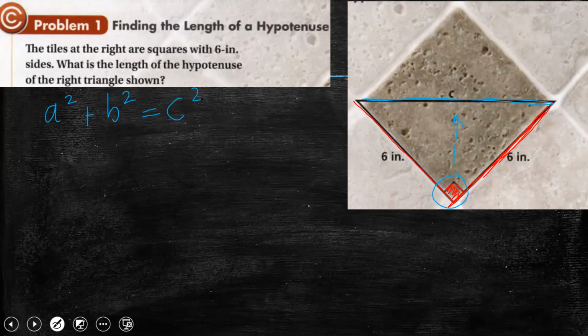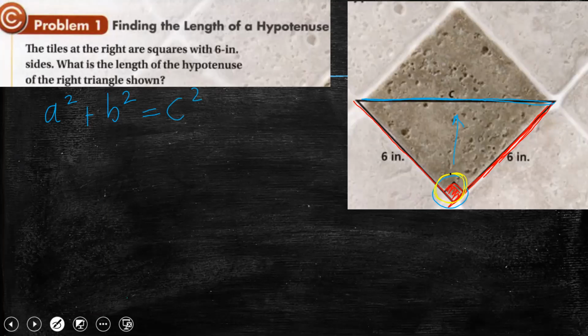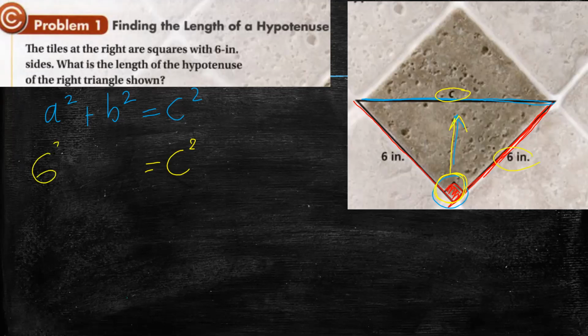As we said, here is the right angle. So the side opposite to the right angle will be the hypotenuse. So C is unknown, which I need to find. The other sides are 6 squared plus 6 squared.